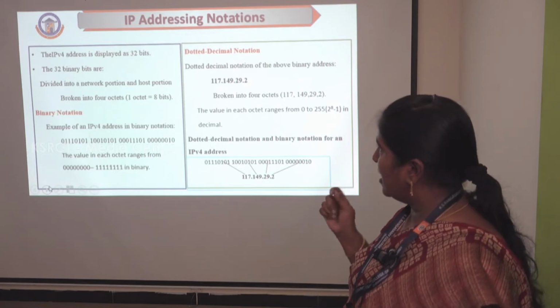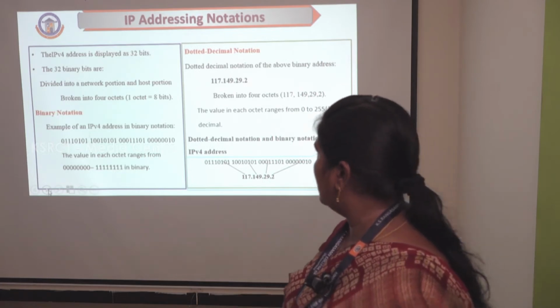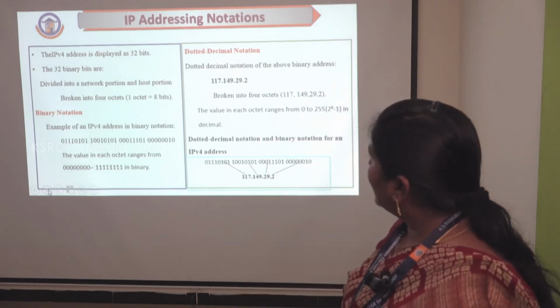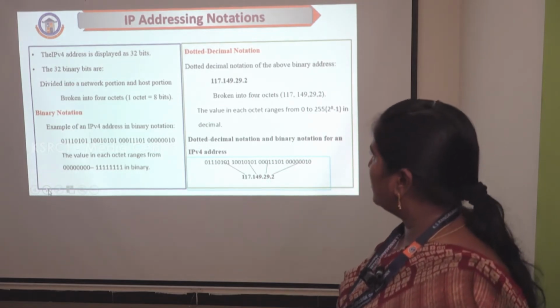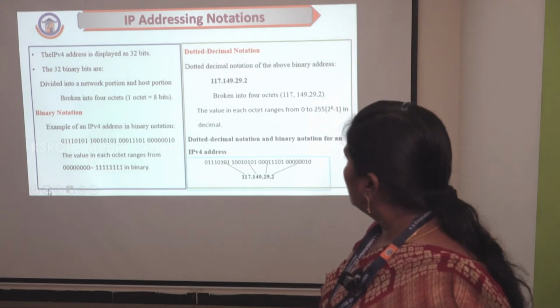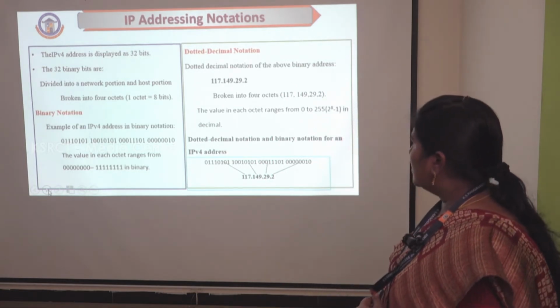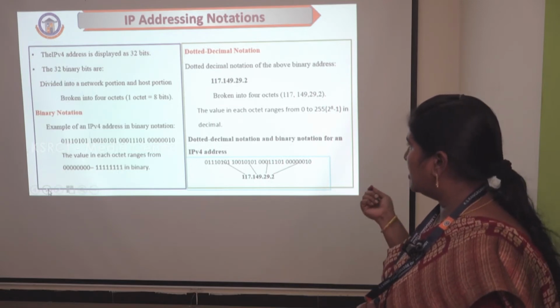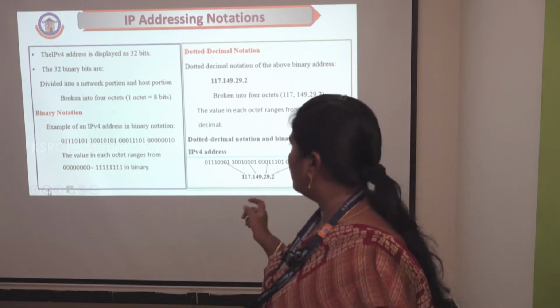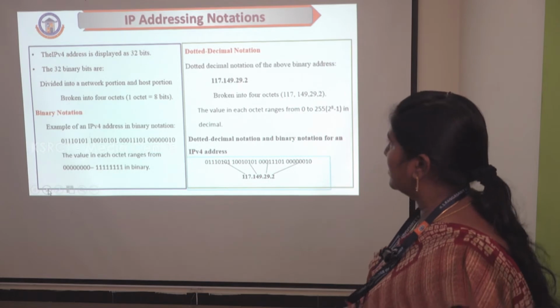This is an IP address represented in decimal notation. Here in this IP address there are 4 octets, and each octet is separated by a dot. So here the binary form of the IP address and the same IP address represented in decimal form are shown in the example.